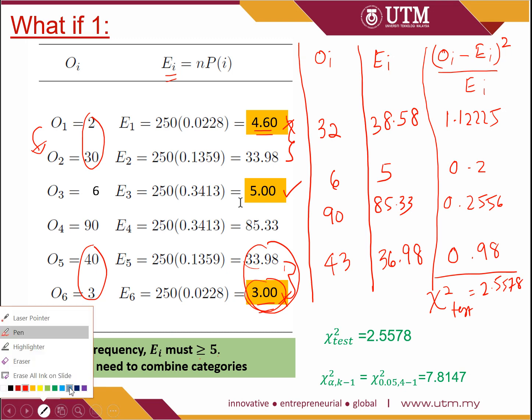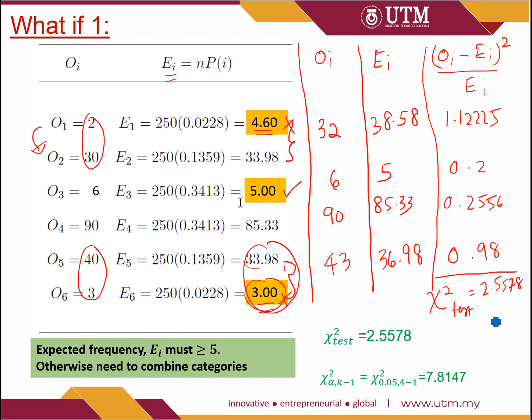So now after you already find the value of your chi-squared test, we want to find the value of your critical value. So your alpha, for example, is 0.05. And now your k is, previously you have how many k? 1, 2, 3, 4, 5, and 6. However, since we already combined the categories, instead of 6, now we have 1, 2, 3, 4.